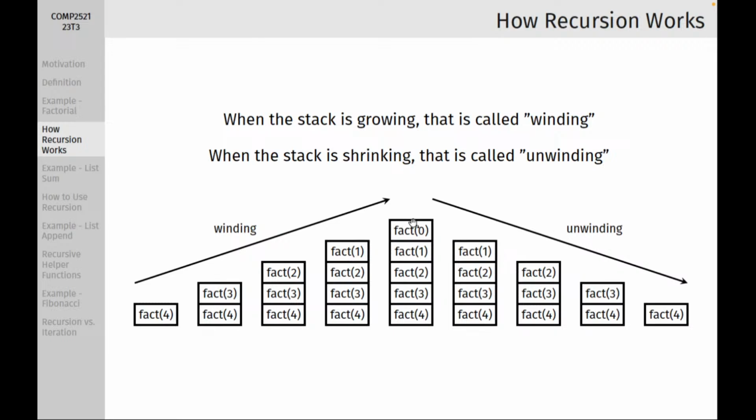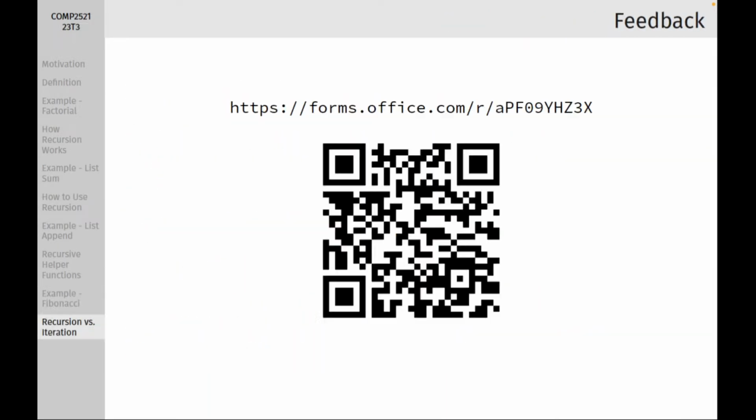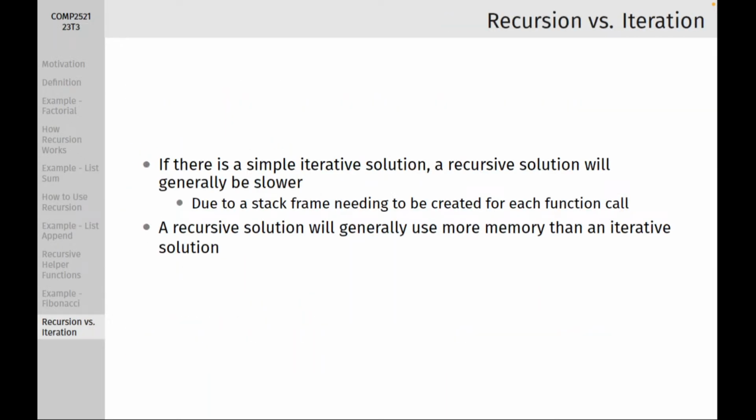So creating a stack frame does cost some time, right? So that's why the recursive solution is generally slower. Meanwhile, if you use an iterative solution, you only have one function, right? And that function just runs, and it doesn't take as much time to run because it just has a variable, right, that just keeps getting updated.